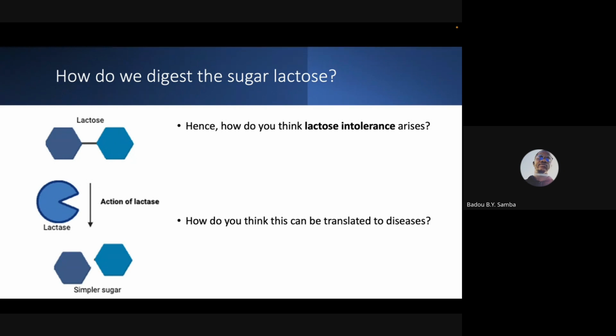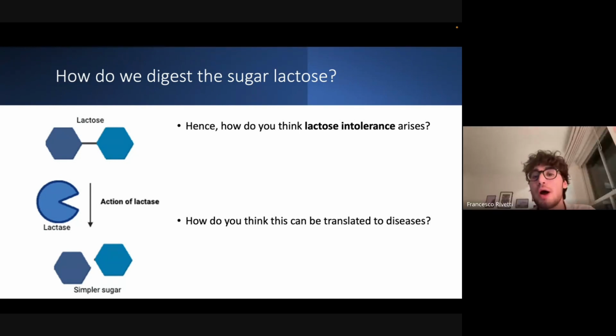So in other words, the lactase is the enzyme that is produced from the template DNA, which will help to digest the lactose sugar. So in the case of those who do have lactose intolerance, they definitely will have a problem with the enzyme, which will disrupt the digestion of the sugar.